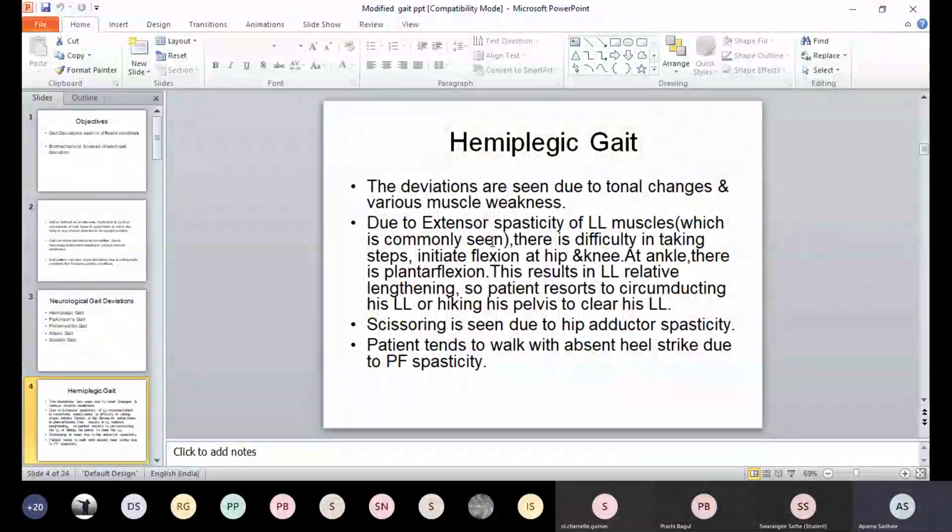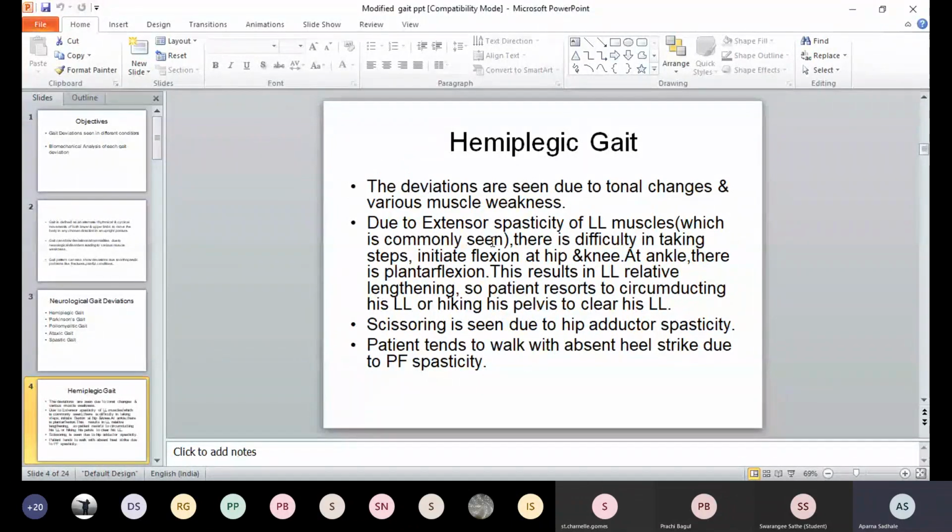Usually in the upper limb we see flexor synergy the most, and in the lower limb the extensor synergy the most. So there is difficulty in taking or initiating steps because hip extensors are spastic, so hip flexion is restricted, knee flexion is restricted, and at the ankle there is plantar flexion because of spasticity in the plantar flexors. So dorsiflexion also is affected.